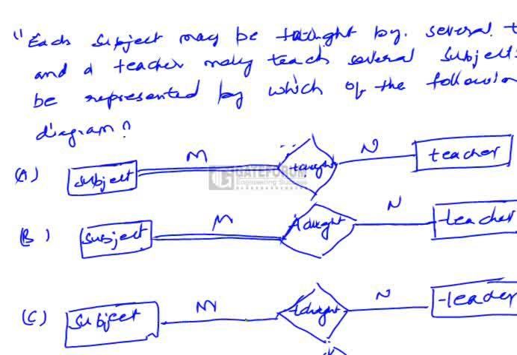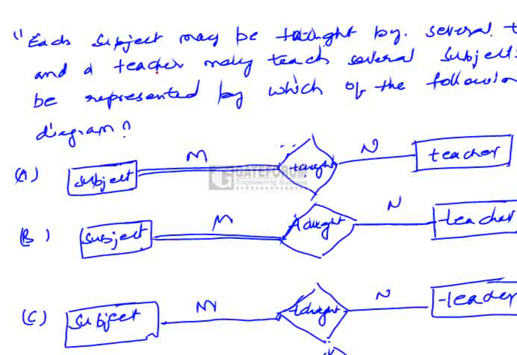Here it is a single line. If the participation is total, then it should be represented by a double line like this. So here it should be partial, and the participation of the entity set teacher is also partial. Why? Because here the statement is a teacher may teach several subjects. That means a teacher may teach or may not teach a subject.